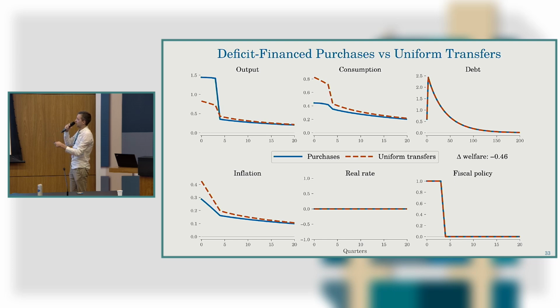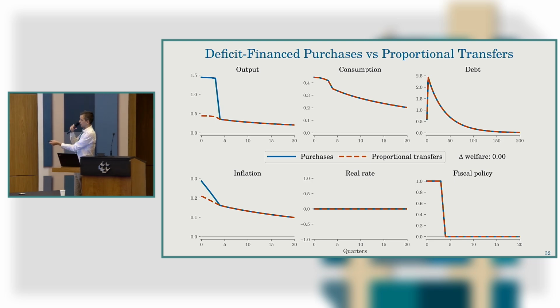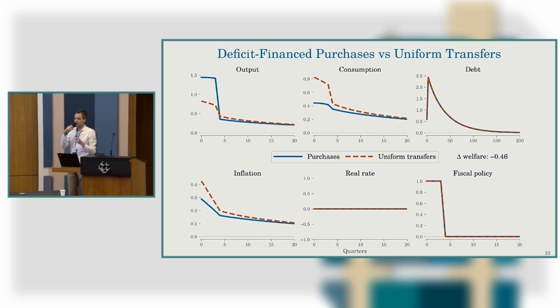And welfare, now blue minus red, increases relative to the case where you were sending a proportional transfer. So bottom line, if you send a transfer that is progressive, you boost consumption more than if you were to do that through purchases, and you boost welfare more, at least in this model.